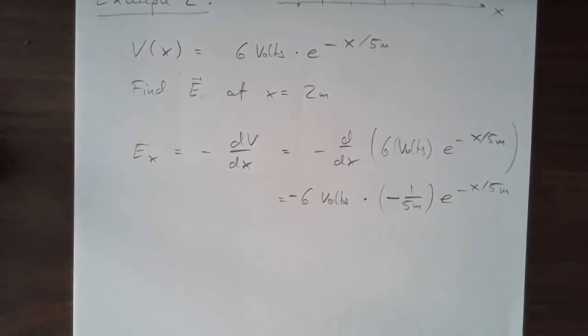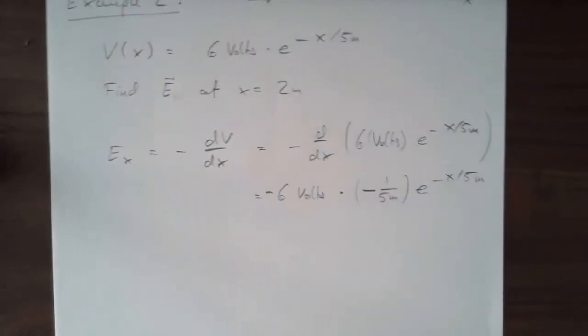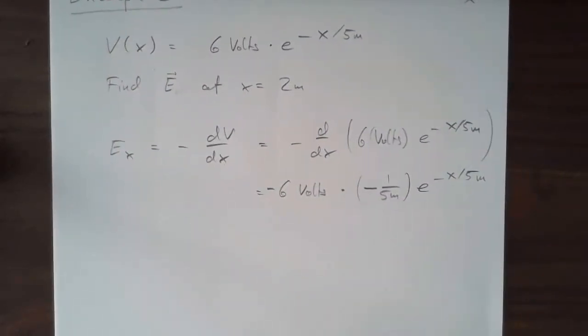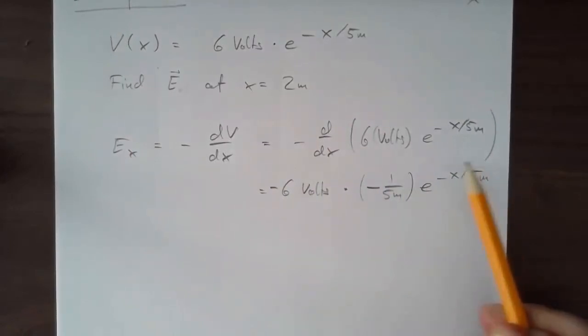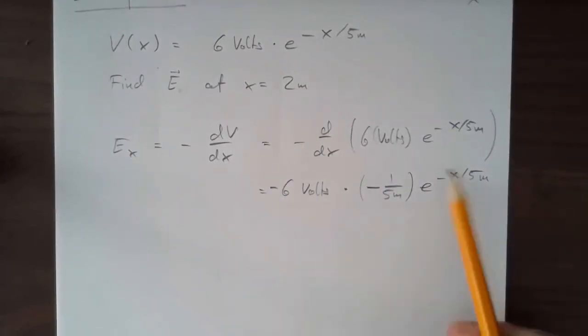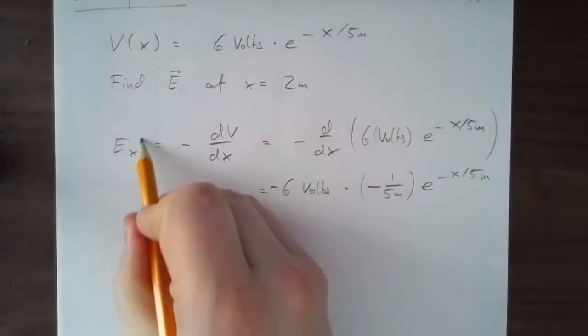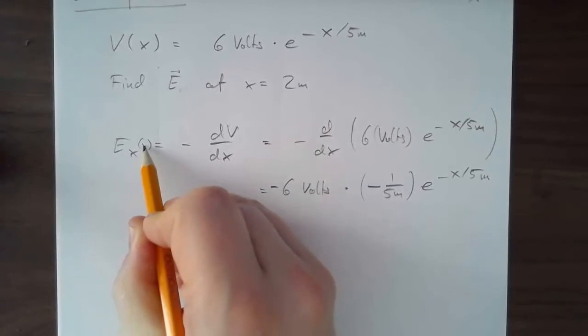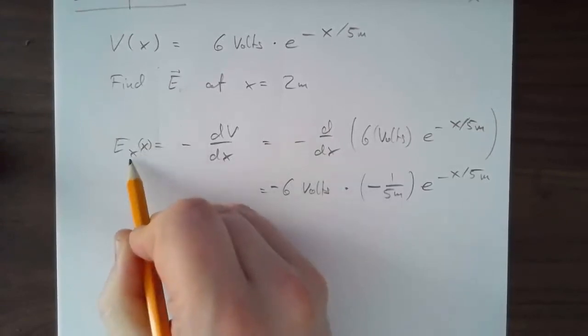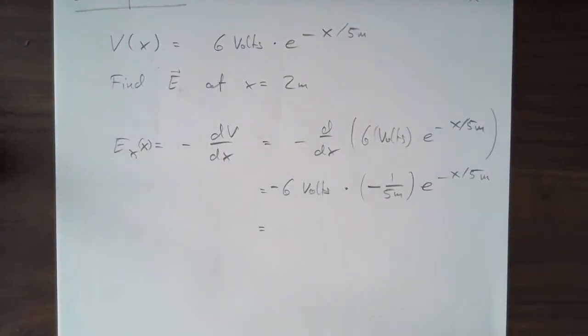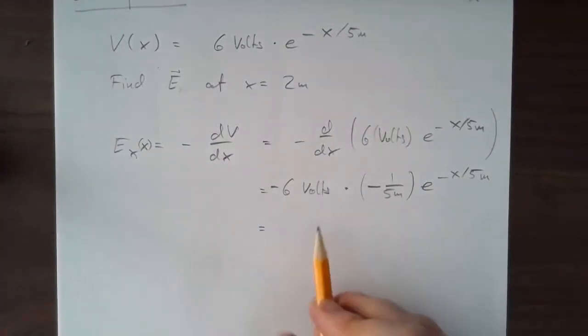When we differentiate it, it doesn't change, just some prefactor comes out. And the prefactor is just the derivative of the thing in the exponent. Okay, and that's it. So now we've got the electric field as a function of x, in the x direction, as a function of position x, the x component.